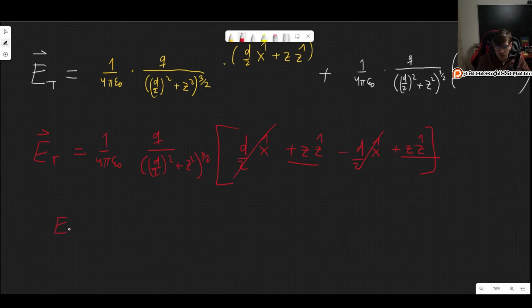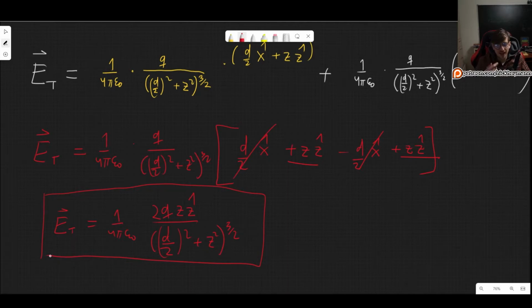So the total electric field, 1 over 4 pi epsilon 0, q divided by d over 2 squared plus z squared to the 3/2. And then we have to consider that we have 2 times, so 2 q z hat. And that right there is the resultant electric field.